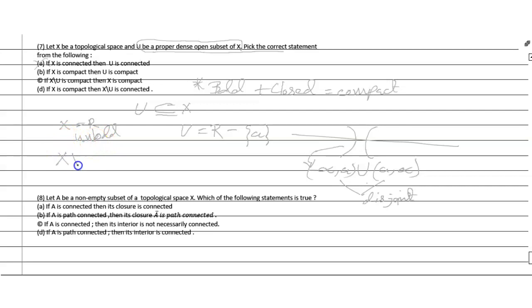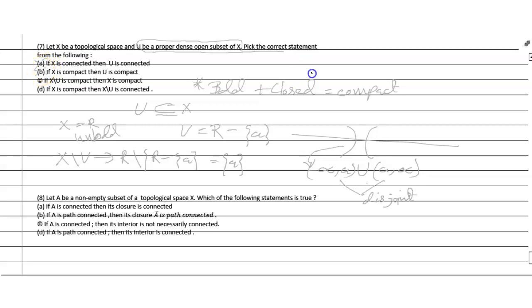X minus U equals R minus (R minus a), which equals a, this is compact, but X is R. So if X is compact, then U is compact?